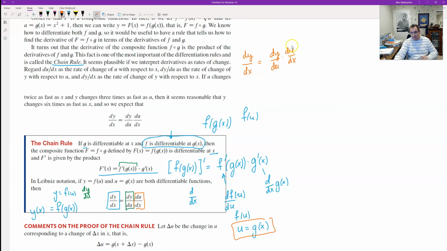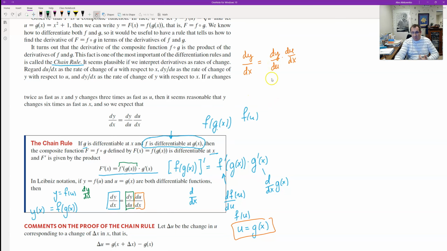In a very formal way, you can see that the du on the right-hand side can cancel, and we would get dy by dx on the left-hand side. Except that, of course, we don't cancel those du's. The derivative is not a fraction, it's an indivisible symbol.